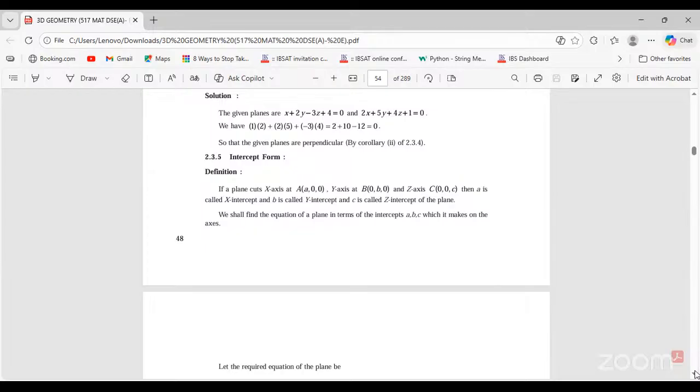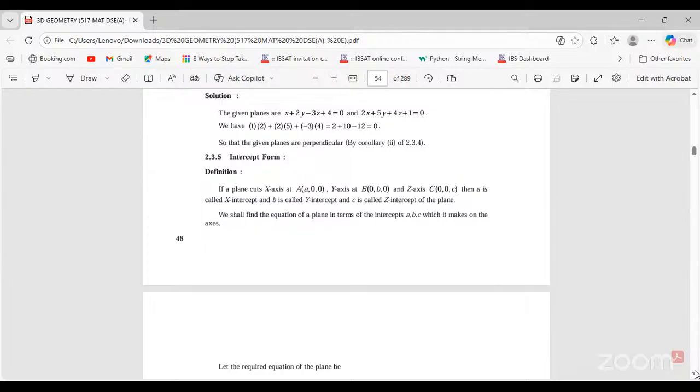Now, in this equation, a, b, c are the DRs of the plane, direction ratios of the plane. The normal form of the equation of a plane can be written as Lx plus My plus Nz equals p.